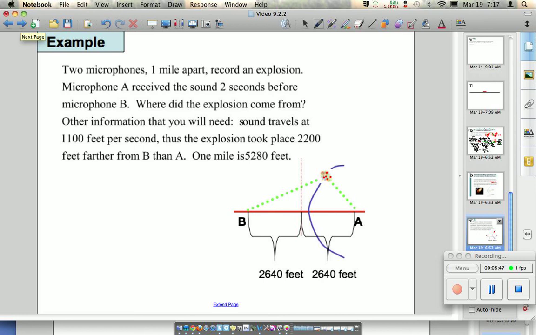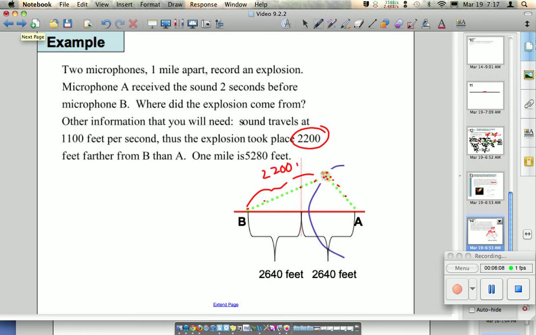What do we know about these green dotted lines? The one thing that we do know is that the explosion took place 2,200 feet farther from B than A. So this distance here is 2,200 feet more than the other distance.